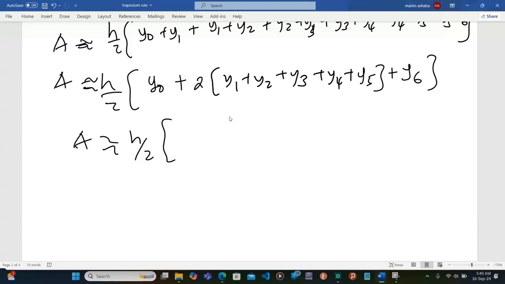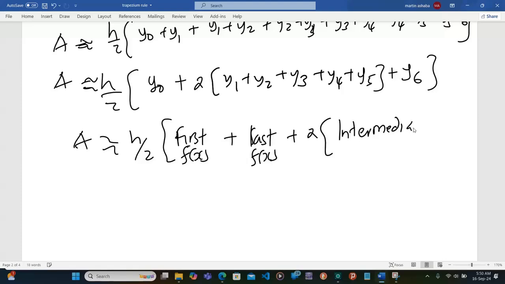How do I summarize this? If I am looking for the area under a curve using the trapezium rule formula, it is always the first value of f of x, plus the last value of f of x, plus twice the intermediate values of f of x.